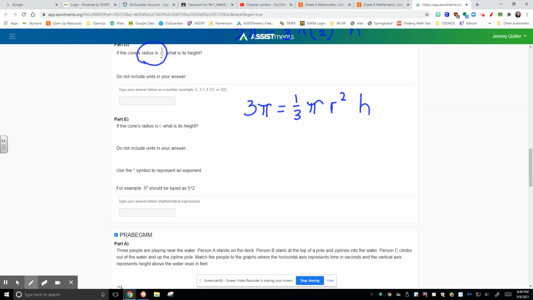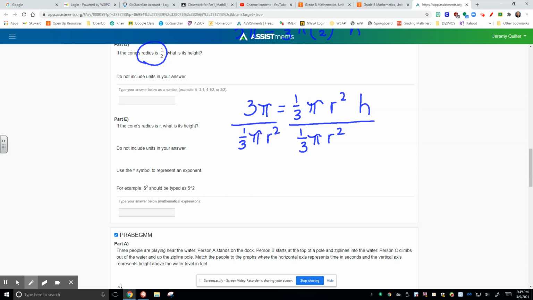And so what I'm looking to do is divide out this portion of it, the 1/3 times pi times r squared. What I'll want to do is divide the same pieces of this, 1/3 times pi times r squared.